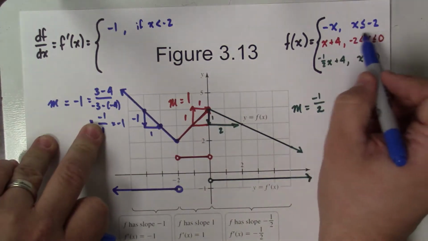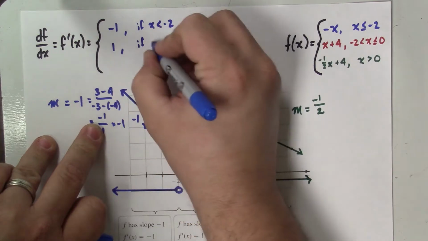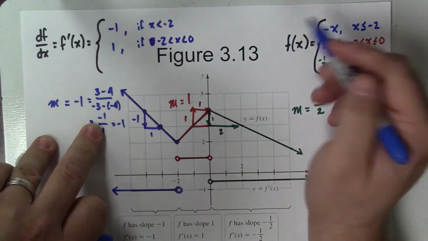Please note here, I lost the "or equal to." It is +1 if -2 is less than x is less than 0.